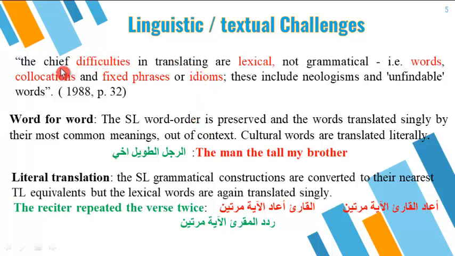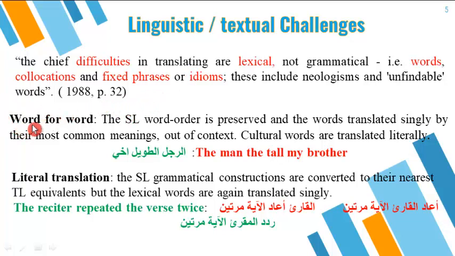Peter Newmark says that the chief difficulties in translating are lexical, not grammatical, such as words, collocations, fixed phrases, and idioms. And in dealing with these challenges, the translator has to choose the right procedure.